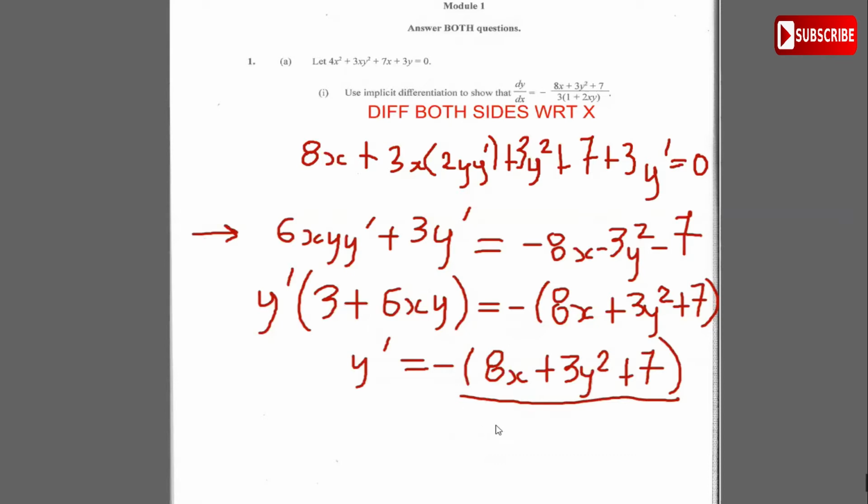So I can factor out a 3, and I'm left with 1 plus 2xy. That's how you do this question.